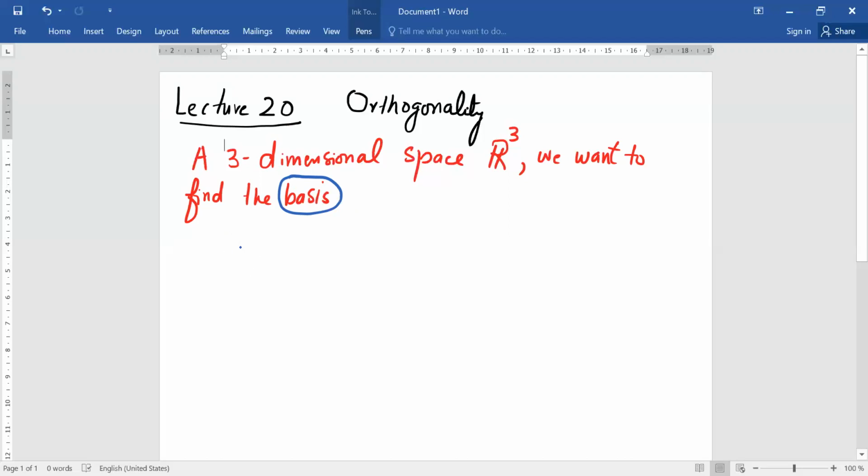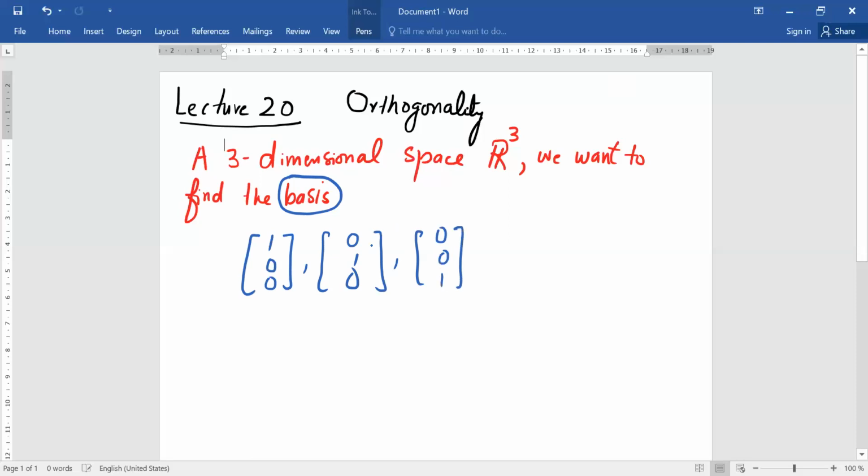So let me draw a set of bases. So my set of bases is 1, 0, 0. I call it natural basis, and you can see why I'm calling it natural basis. 0, 1, 0. And then I have another basis 0, 0, 1.